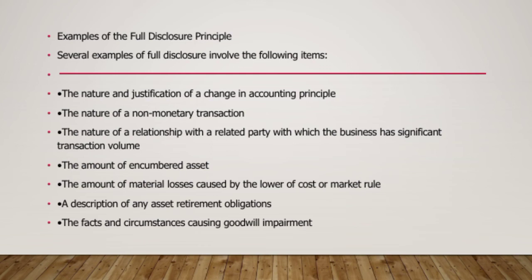Fourth, the amount of encumbered assets. Fifth, the amount of material losses caused by the lower of cost or market rule. Sixth, description of any asset impairment obligation. And the last, the facts and the circumstances causing goodwill impairment.